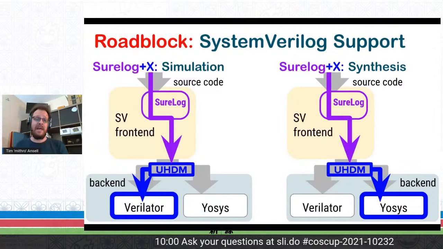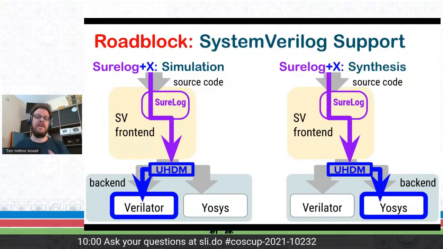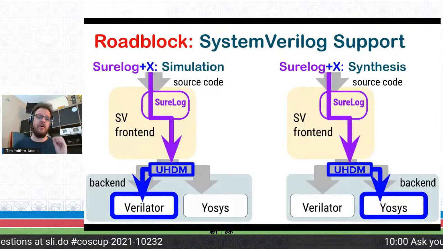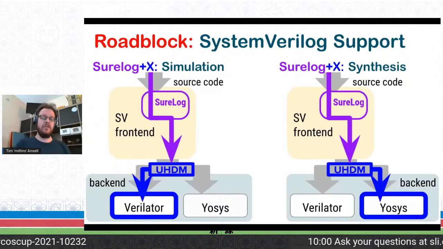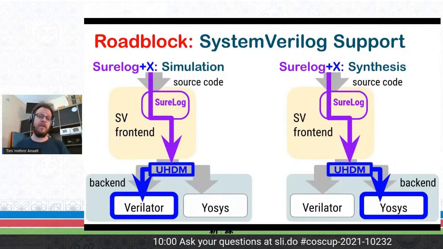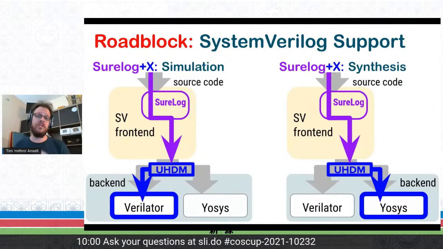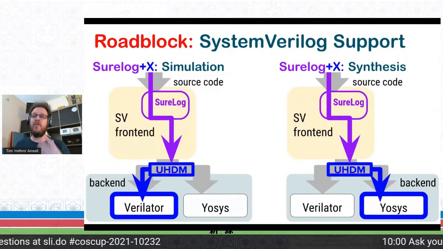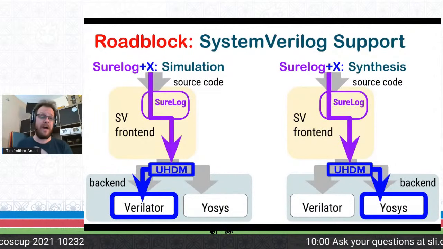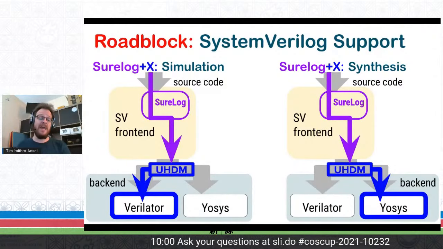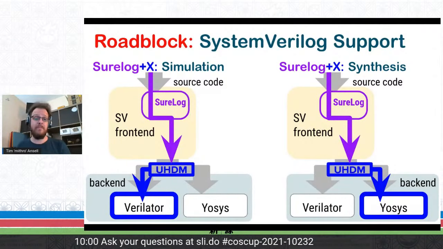And the idea here is that it allows us to potentially change the parser front end without having to go back to scratch. It also enables people to write new simulators and new synthesis tools without having to start from scratch with SystemVerilog parsing.